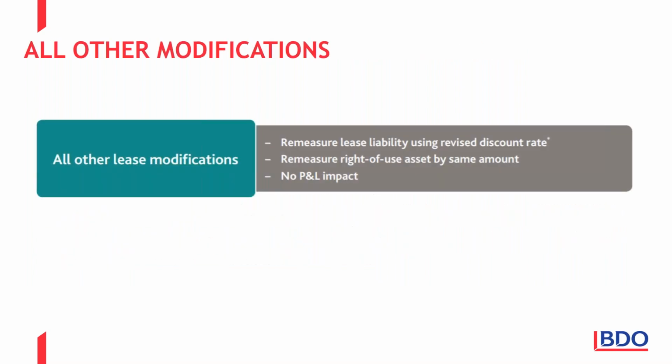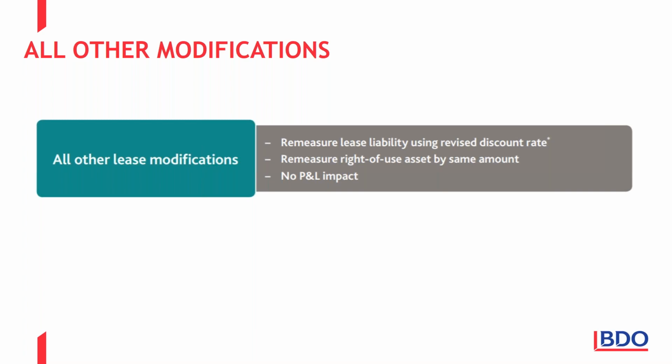When we go to all other modifications, remember, we've said some modifications we would treat as a separate lease if there's an increase in scope and we're paying market value. Other modifications we would treat as a decrease in scope. I've put it in red, be careful, new discount rate, and there's a potential P&L impact.